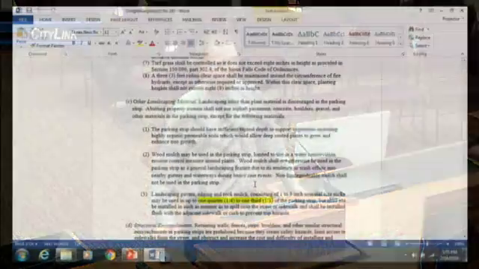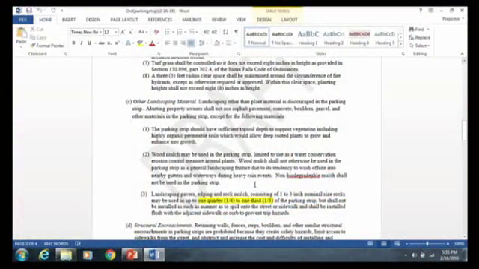And then other landscaping materials. In this section, we did put some information in here. We received a lot of great feedback from Mary Ellen Connolly. And we wanted to go ahead and put some information in here supporting Mary Ellen's cause, that the parking strip should have sufficient topsoil depth to support vegetation, including highly organic permeable soils, which would allow for deep-rooted plants to grow and enhance tree growth.